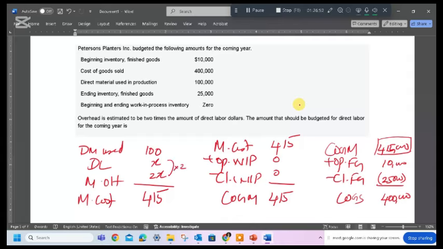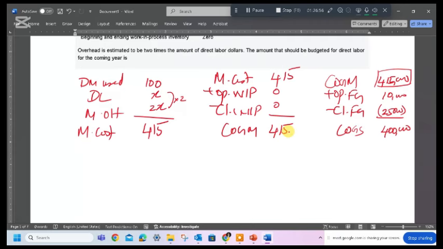Overhead is estimated to be 2 times of labor. So 2X. Now 100 plus X plus 2X means 3X equals 315. So X is 105. That is what they ask. How much is labor? Labor is 105.